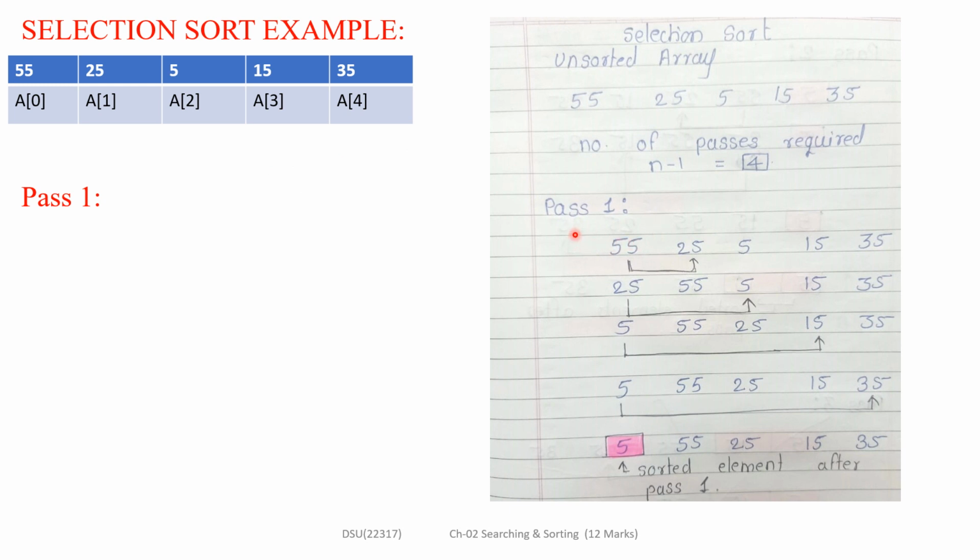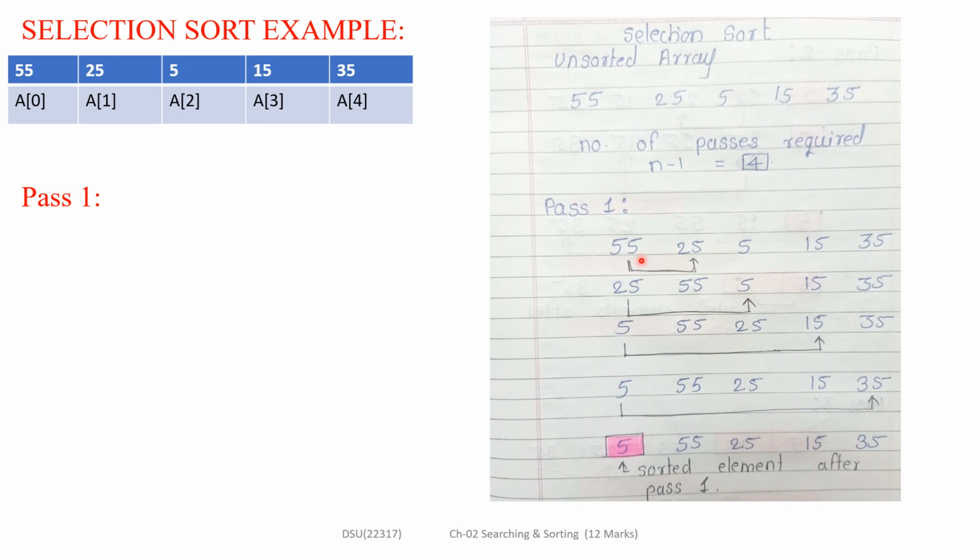Now we will go for pass 1. Here in pass 1, this is the unsorted list: 55, 25, 5, 15, 35. 55 and 25 are compared. 55 is greater than 25, that's why we swap these elements. And then 25, 55.